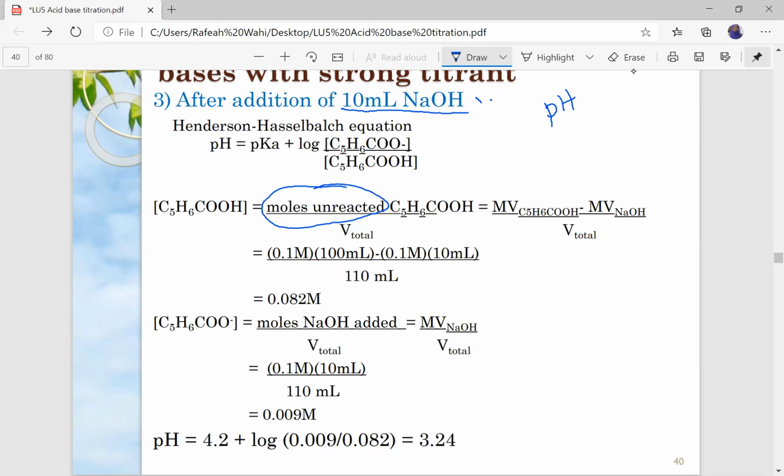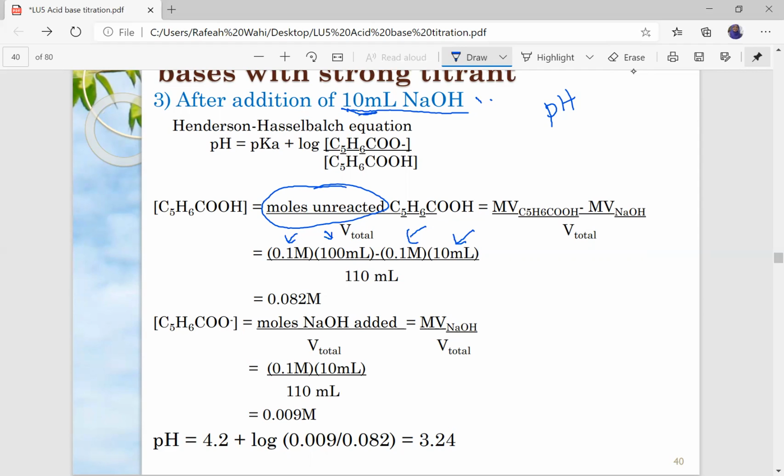You know that the concentration of benzoic acid is 0.1 molar, and the volume is always 100 ml. You know the concentration of NaOH is 0.1. This is from the question. And the volume is 10 ml now because you just added 10 ml.